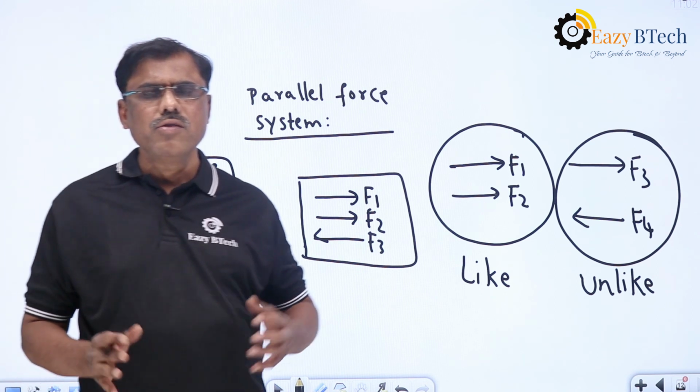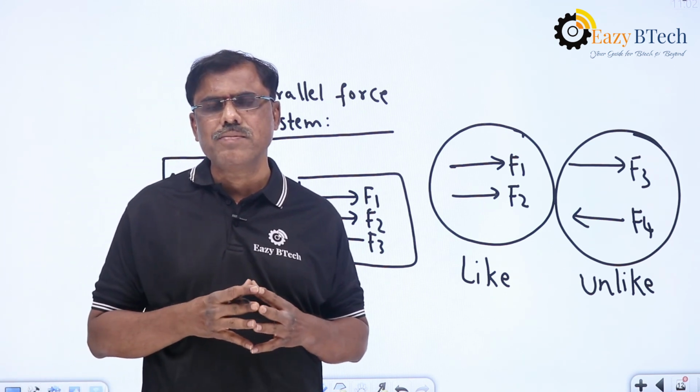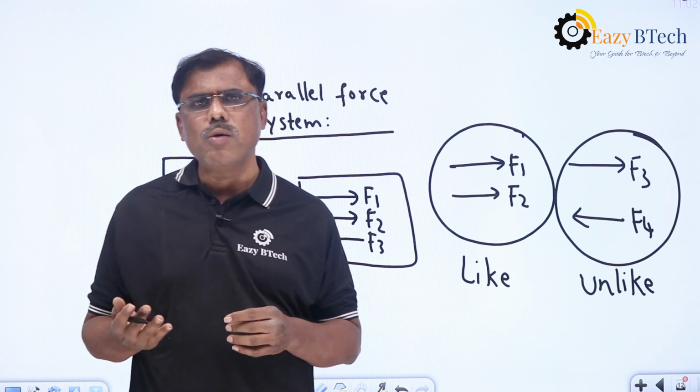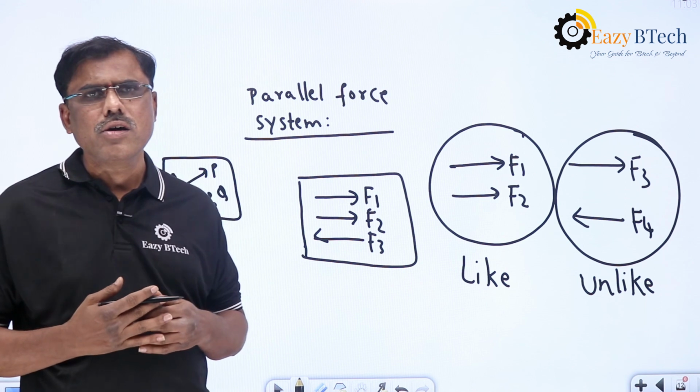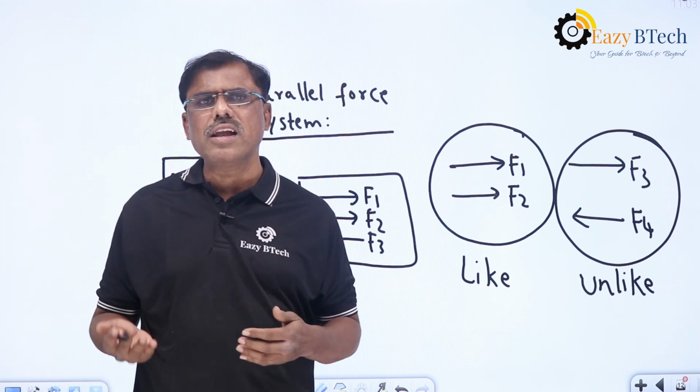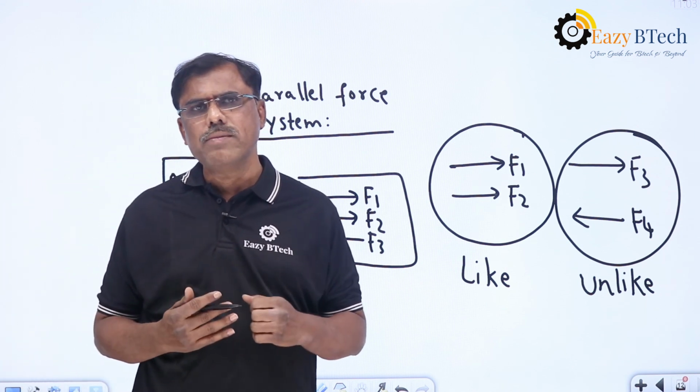Similarly, if the forces are meeting in the spatial system, then we call them non-coplanar concurrent forces. Similarly, coplanar collinear forces, coplanar parallel forces. So this combination can be taken.